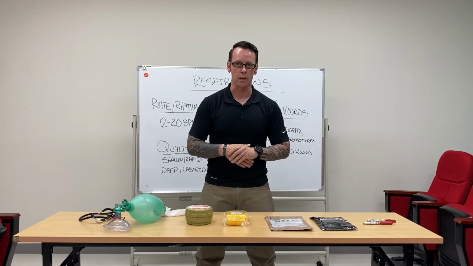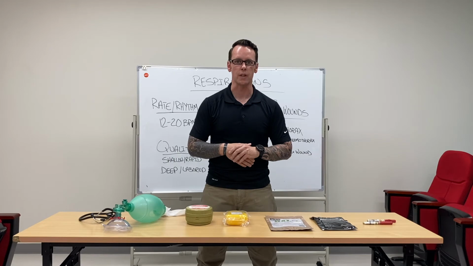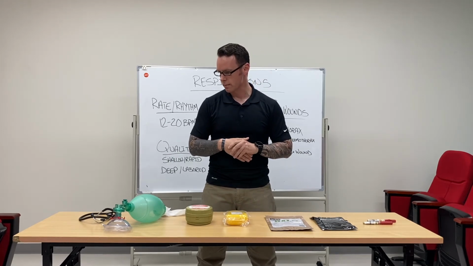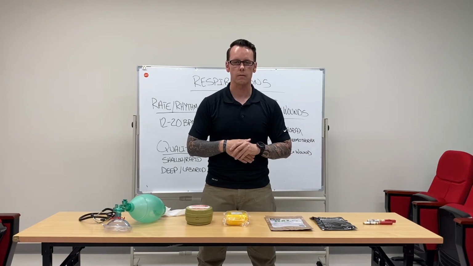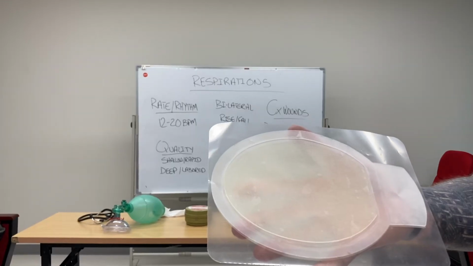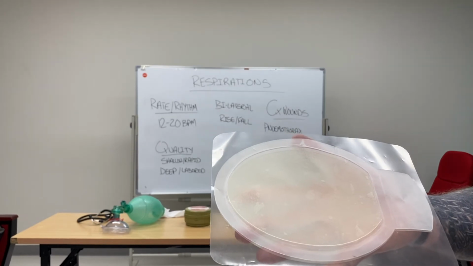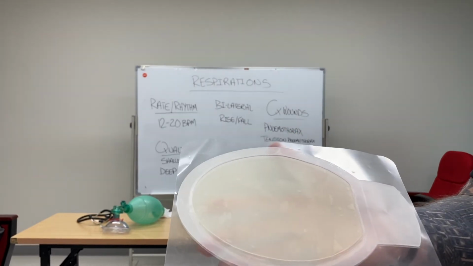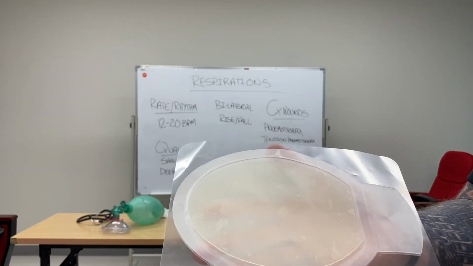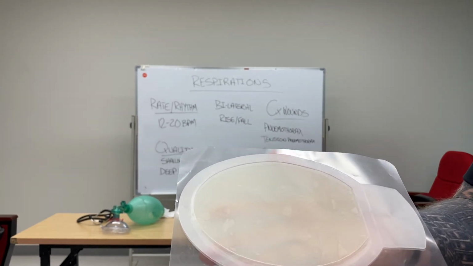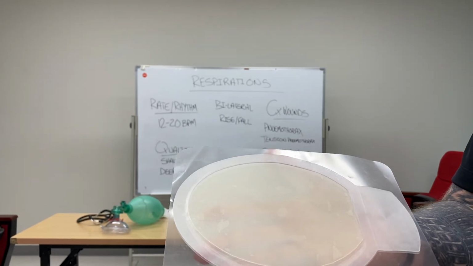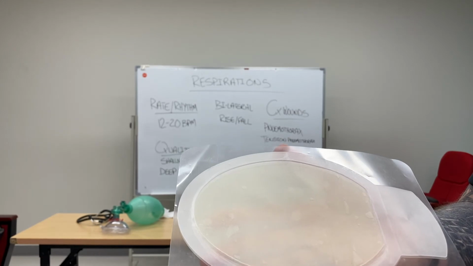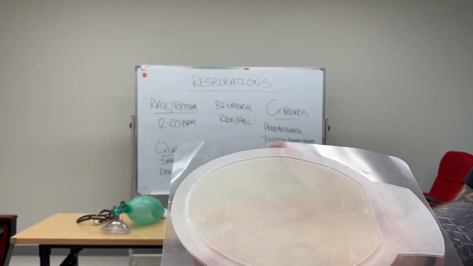On the table before me are a number of instruments and interventions used to treat chest trauma. I will go more in depth on a few of these and then provide hands-on demonstration. There are a number of different chest seals available to treat chest trauma. This is one of the more common ones we find in the military, a halo chest seal. As you can see, it does not have a valve, but it still performs rather well at fixing the defect in the chest wall.